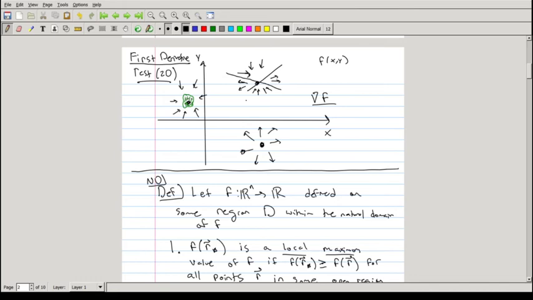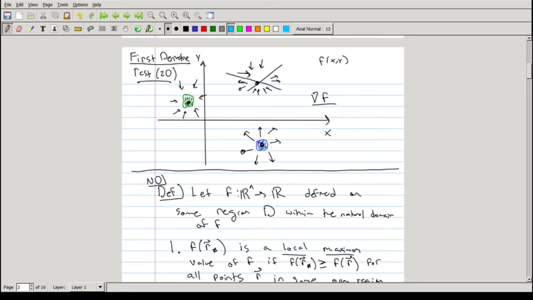Up here in this picture, I said this point right here was a local minimum. It's a local minimum because if we surround this point by a small enough region, this blue region right here, and we consider the relative value of points in this region compared to the midpoint of the region, the value of the function at any of those light blue points is going to be greater than the value of the function at that central point.